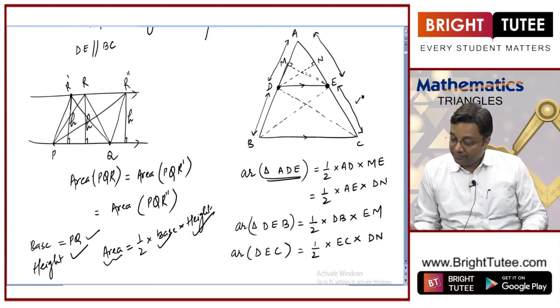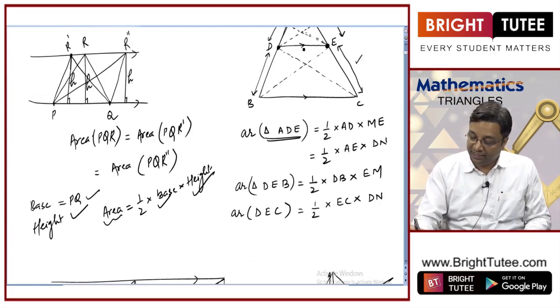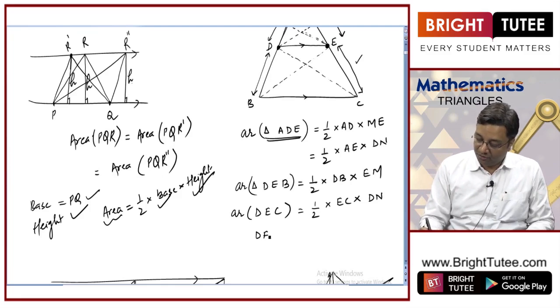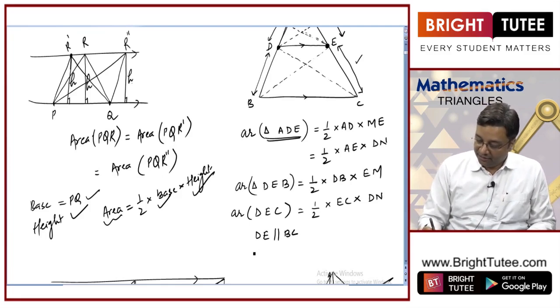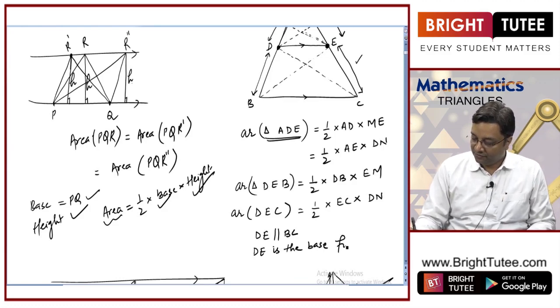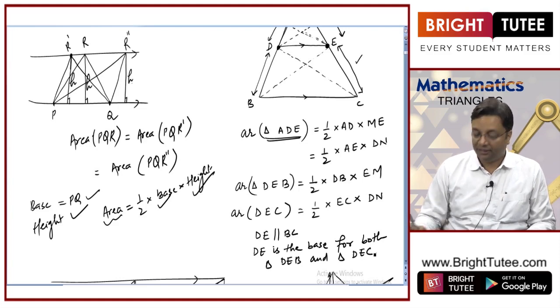Now look at this. DE is parallel to BC, okay, and DE is the base for both triangle DEB and triangle DEC.